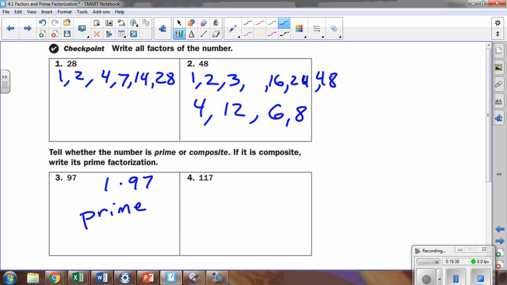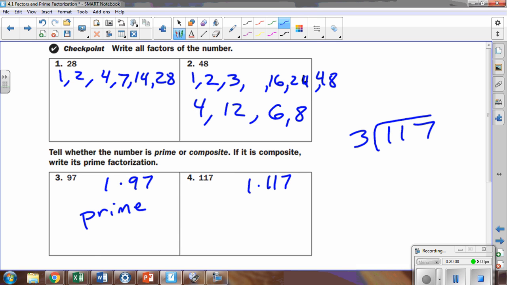What about 117? Obviously, we know we've got 1 times 117, but is there any other way to split it up? Will 2 work? No, it's an odd number. 2's don't go into odd numbers. Will 3 work? We could do the long division, and that's one way to check.